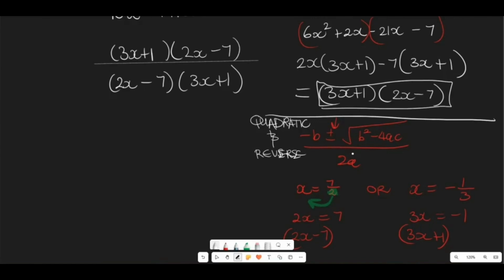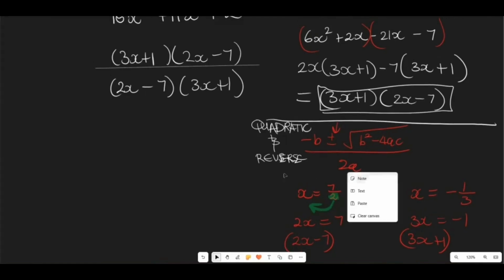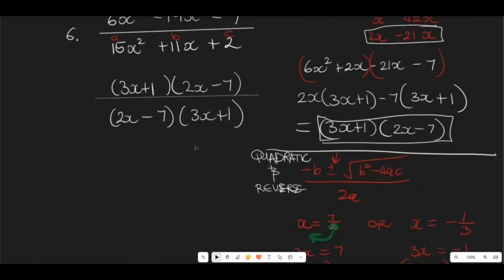We got to the 7 over 2 by plugging the 15 as the A, the 11 as the B, the 2 as the C in our quadratic formula, right? If you use a positive over here, I think this is the one that gives you the 7 over 2. Then if you use a negative, this is the one that gives you negative 1 over 3.